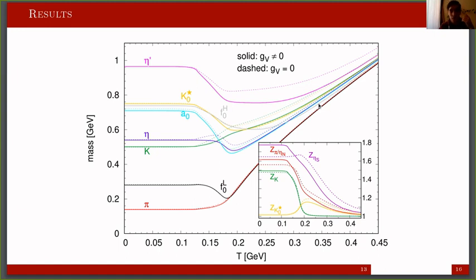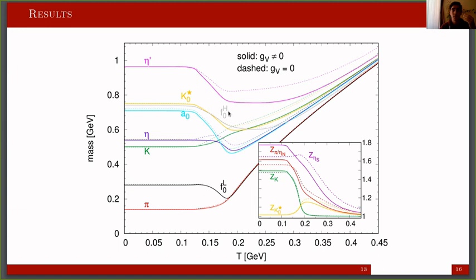Another point that I want to highlight is that the first masses that become degenerate are the purely non-strange masses. It refers to the pions, the a0, and eta and f0 low. Basically, eta, f0 low, and eta prime and f0 high are mixes of the non-strange and the strange isoscalar fields.